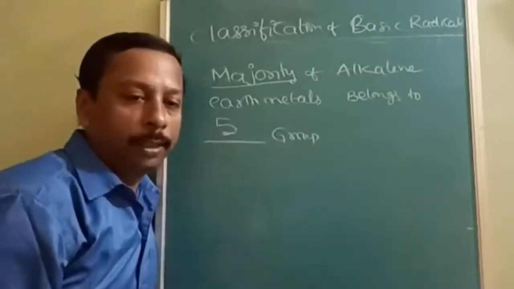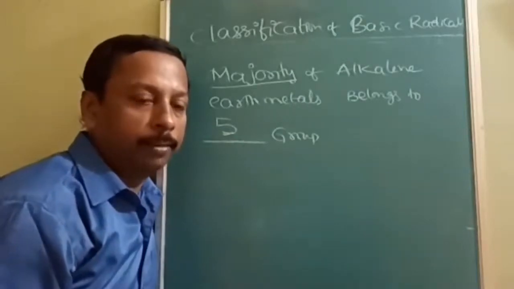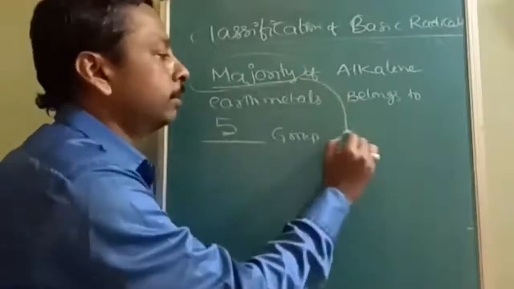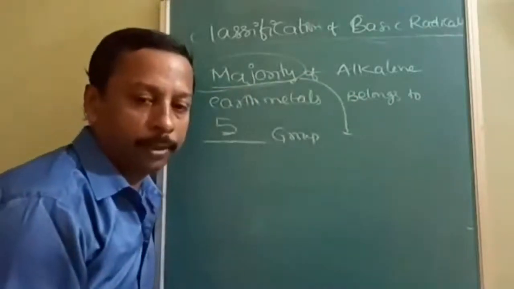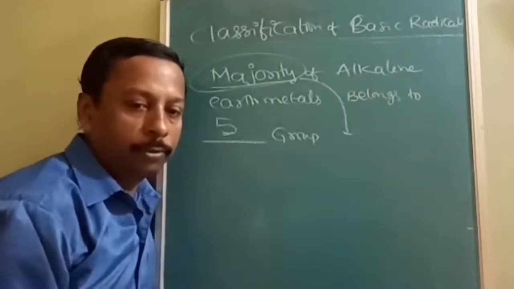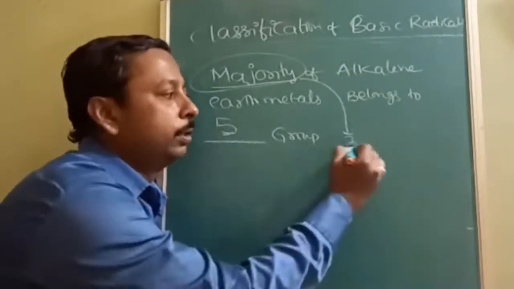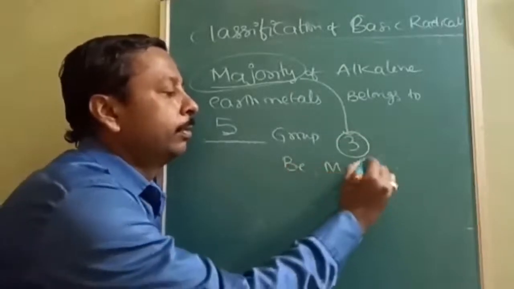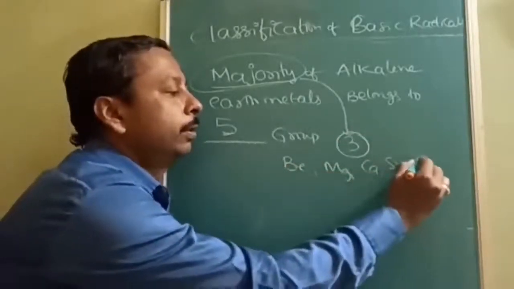What are the elements of the majority? How many elements belong to the fifth group? Only three elements. Beryllium, magnesium, calcium, strontium, barium.